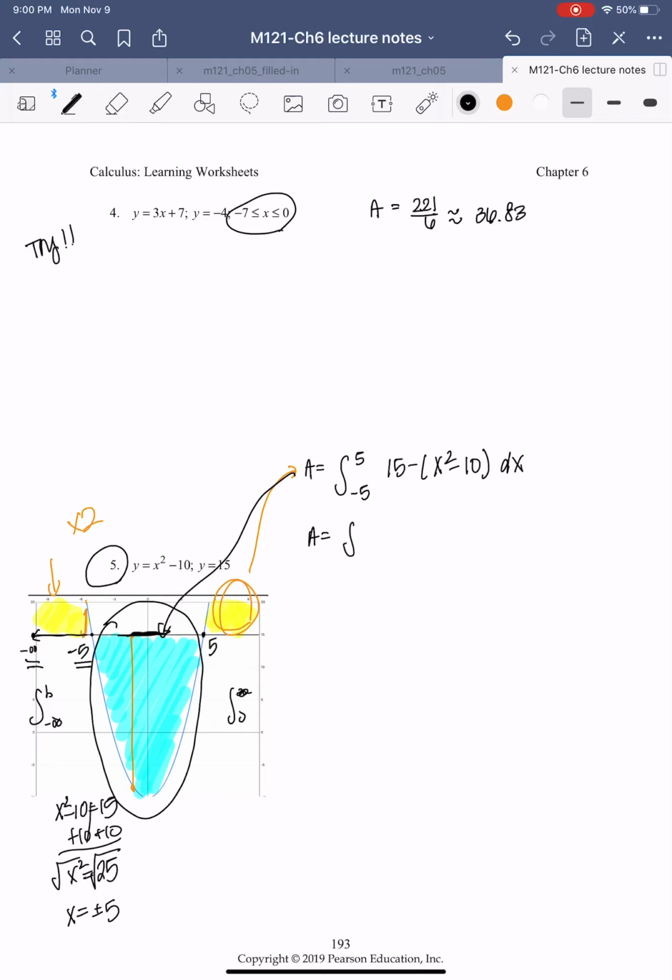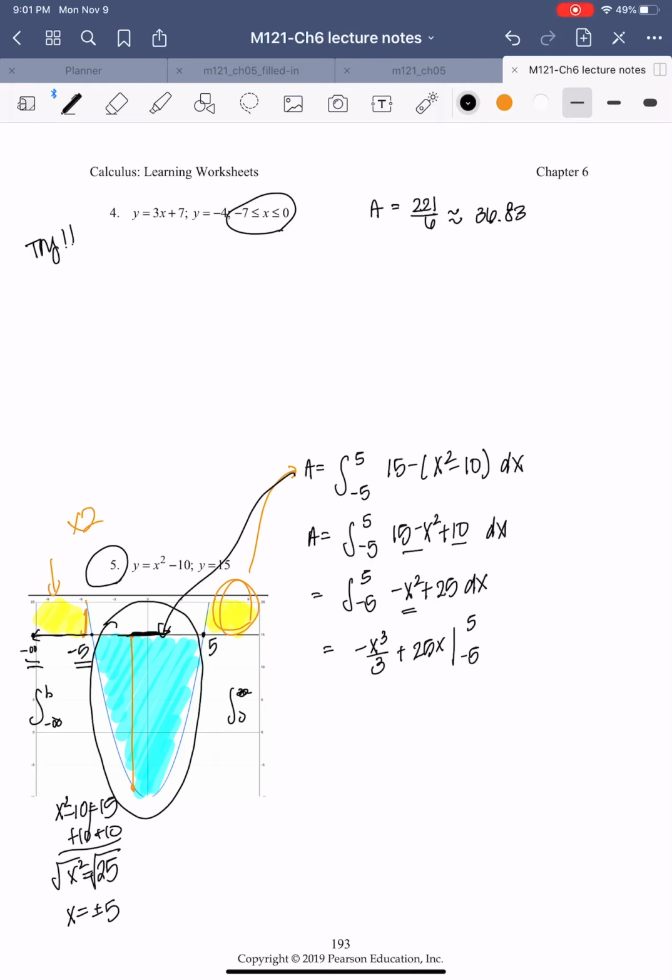Then I have -5 to 5. Distribute: 15 minus x squared plus 10 dx. Adding up, I have -5 to 5, negative x squared plus 25 dx. Term by term, I'm going to have -x cubed over 3 plus 25x from -5 to 5.